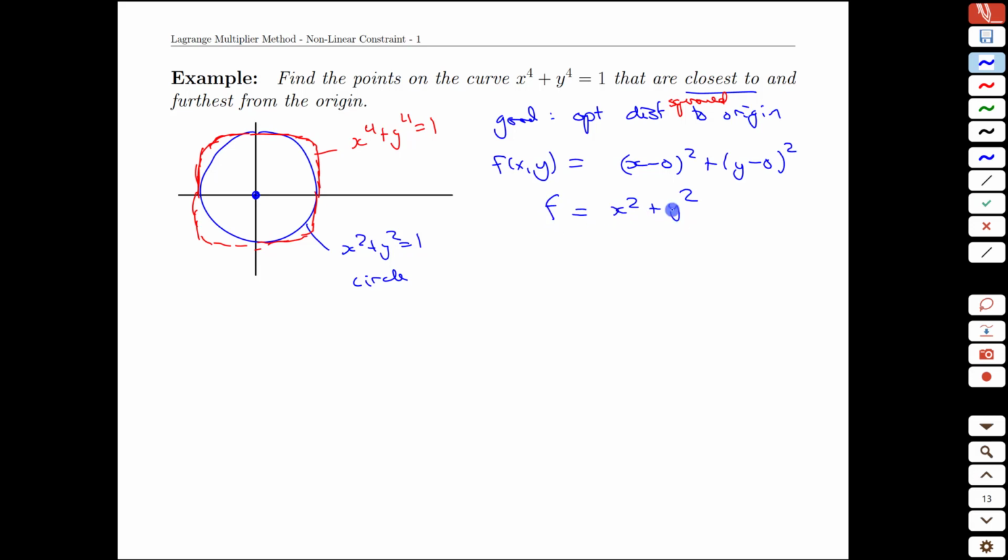There's no square roots. That makes any differentiation a lot easier. The second ingredient here is our constraint. That whole thing is our constraint, and it comes with two pieces, our g of x y, and the k value here would be 1, the value that's on the right hand side naturally.